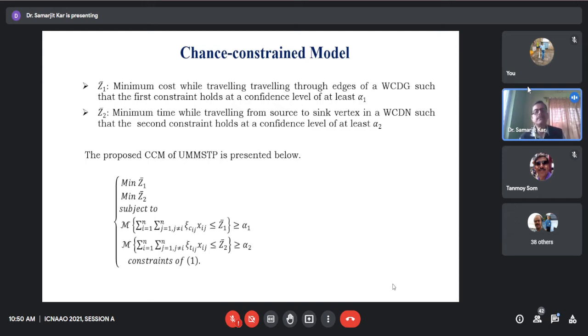Similarly, for the chance constraint model, for minimizing the cost and the traveling time through the edges, we have a confidence level alpha 1 for the first objective and another confidence level alpha 2 for the second objective. If we fix these two confidence levels, then the corresponding model is transformed in this way: minimize Z1 bar, minimize Z2 bar subject to these two constraints, and the other tree constraints are the same.